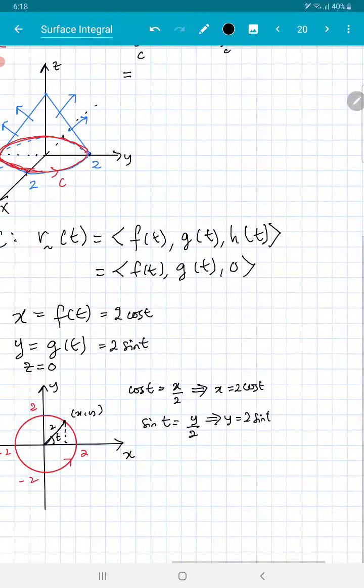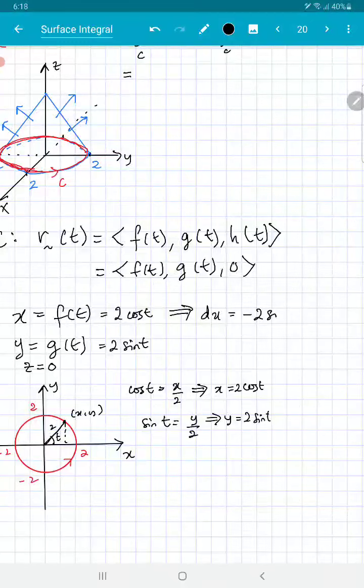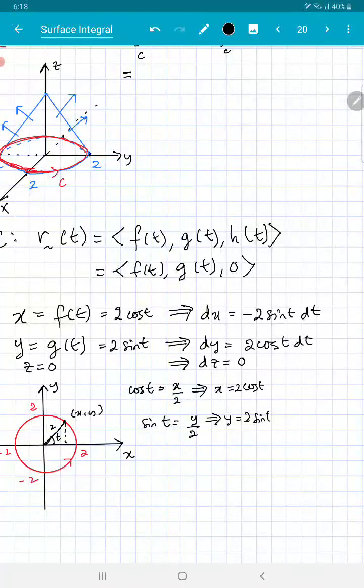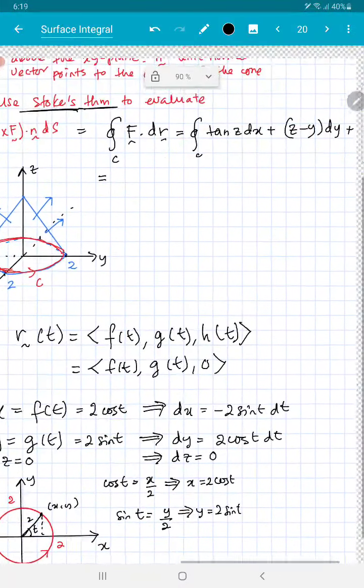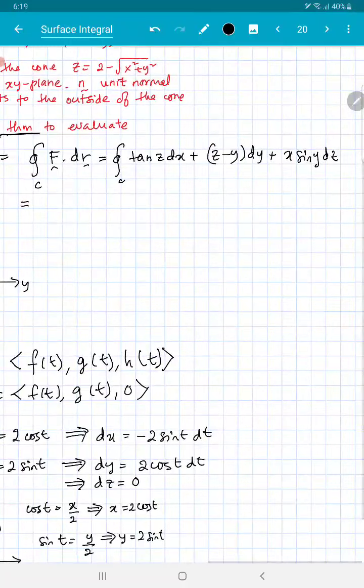If x is 2 cos t, then dx is equal to negative 2 sine t dt, and dy is equal to 2 cos t dt, and since z is 0, dz is 0 dt. Now we're going to change everything in terms of t. In the first term we have tangent z, and z is 0, tangent 0 is 0.